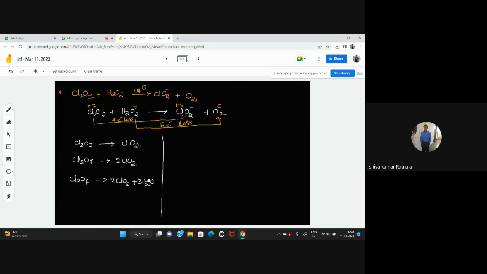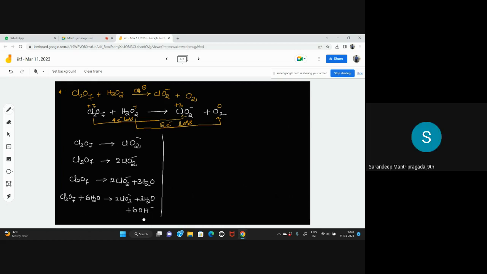There are 6 hydrogens short on the left side. So then what we can write? Cl2O7 + 6H2O on the left side, and we will write 2ClO2⁻ + 3H2O + 6OH⁻.